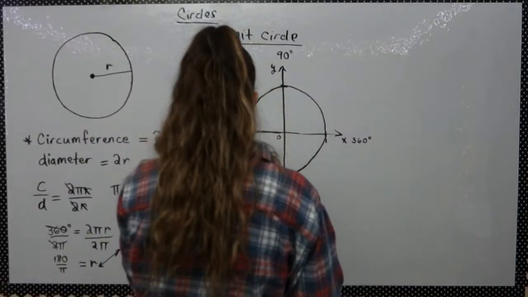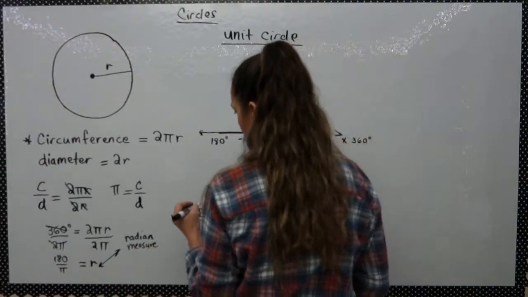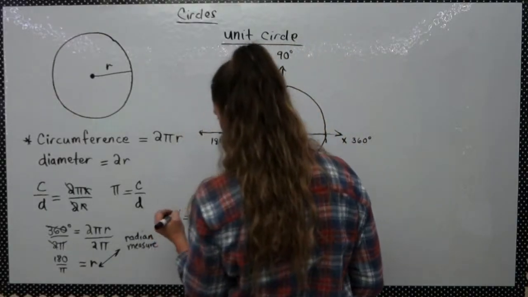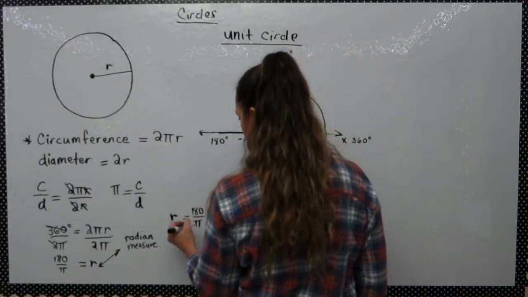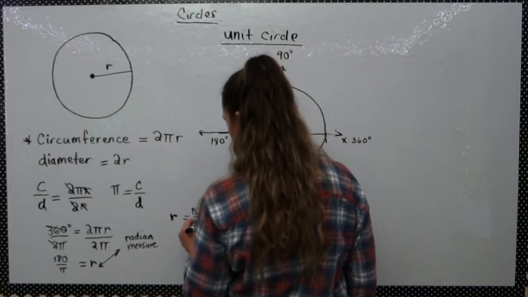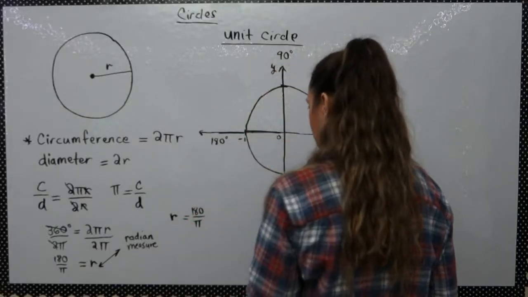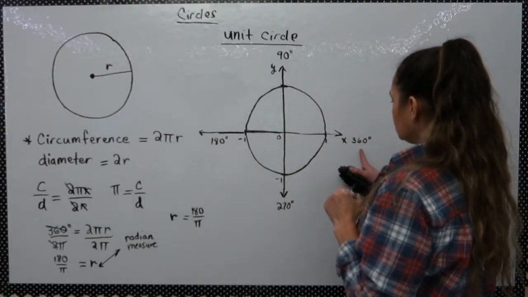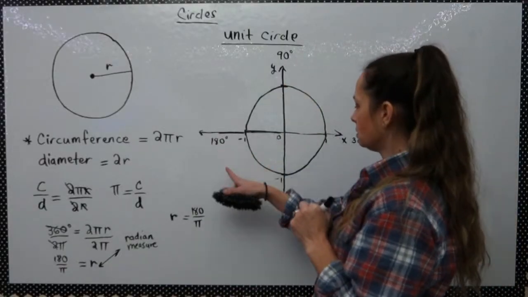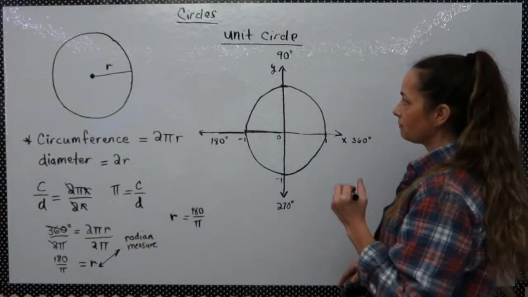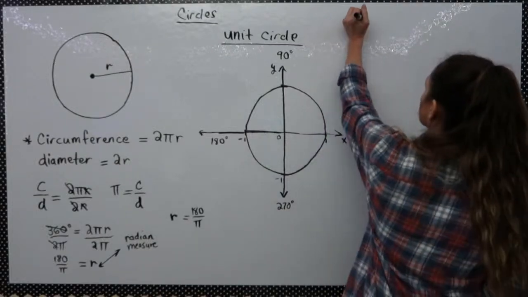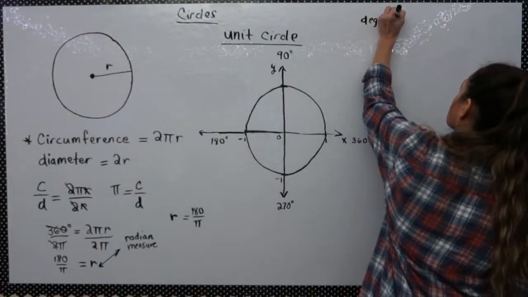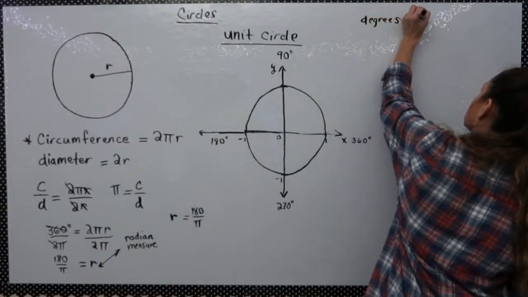And this is how you figure out the conversion between degrees and radians. So if I want to convert all of these degree measures to radians, then I would have degrees to radians.